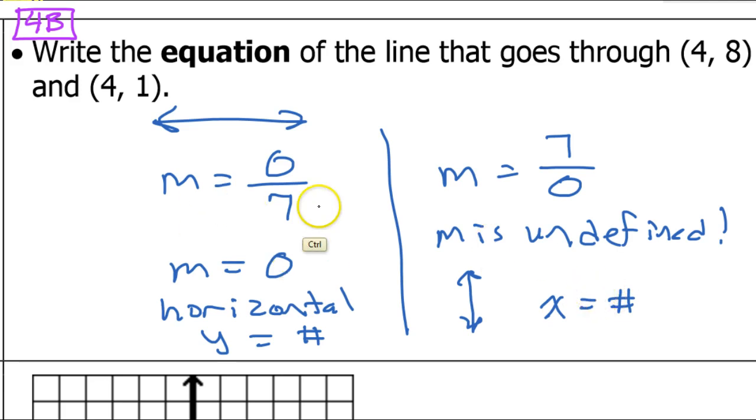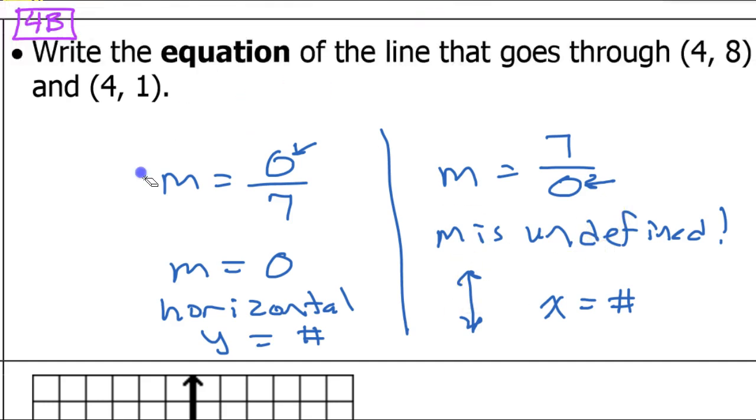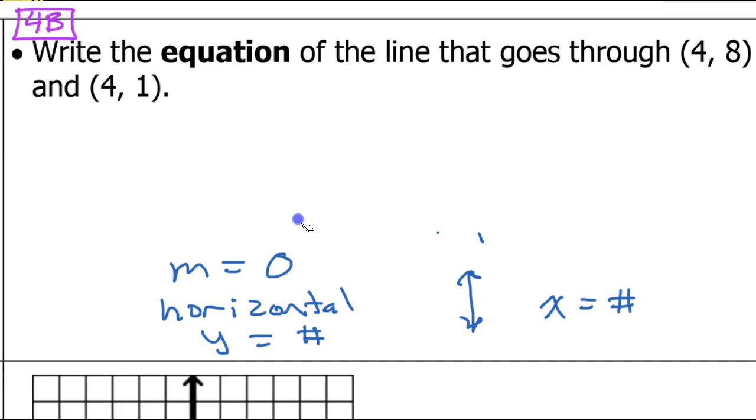Watch out for that. If the 0 is in the numerator, it's just 0, which means a horizontal line. If the 0 is in the denominator, that's undefined, and that's your vertical line. I'm mentioning that because one of those two things is about to happen right now.